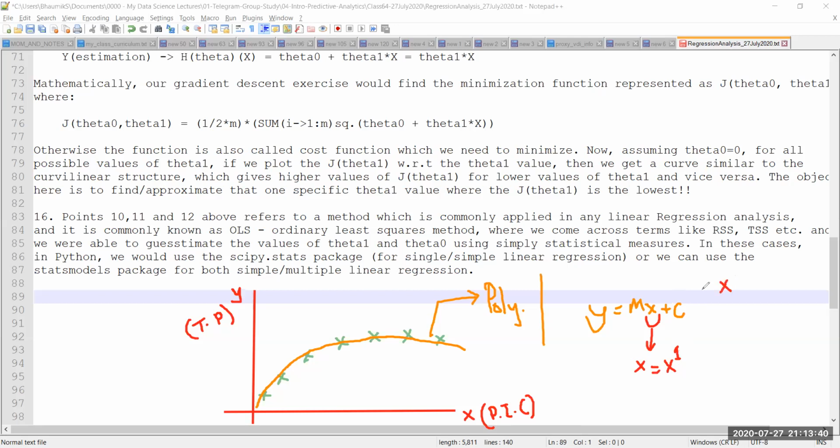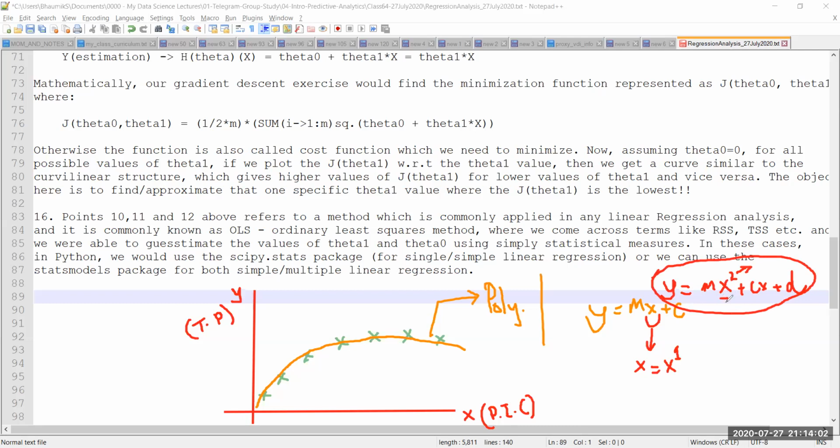What if I have an equation which is mx square plus cx plus d? If I have something like this, then I call this equation a second order polynomial. Why is this a second order?